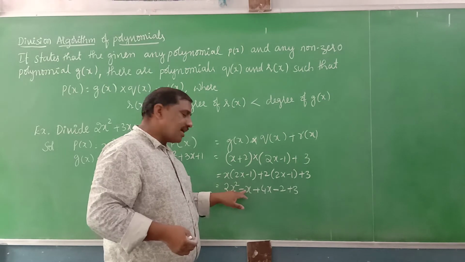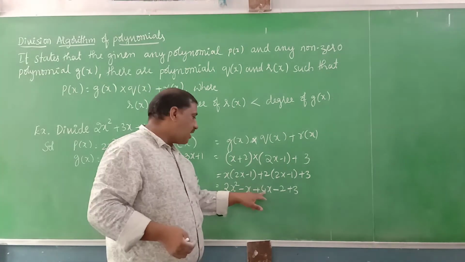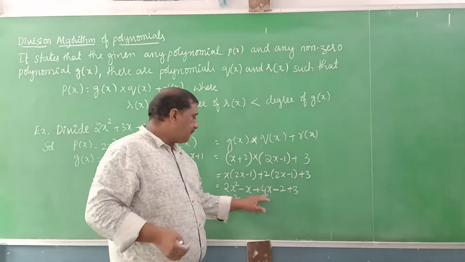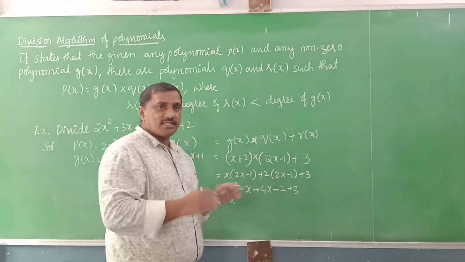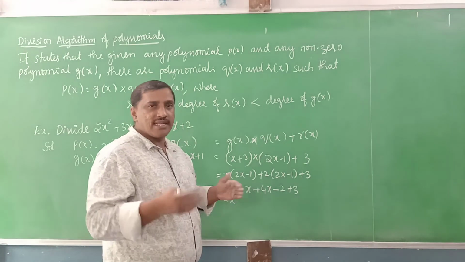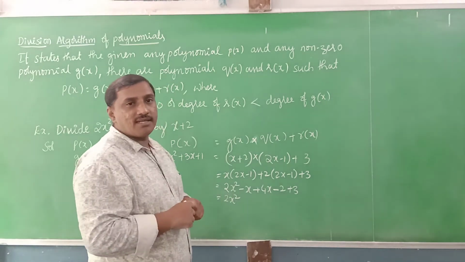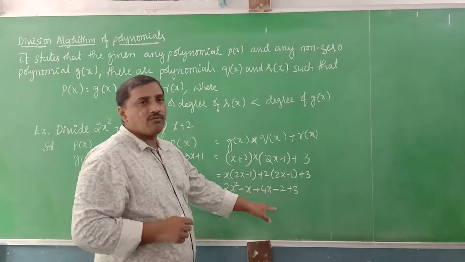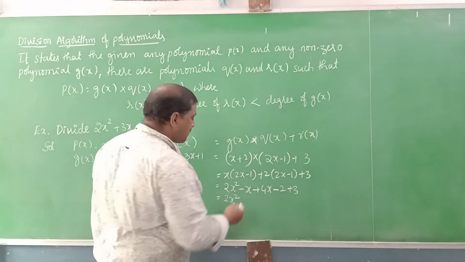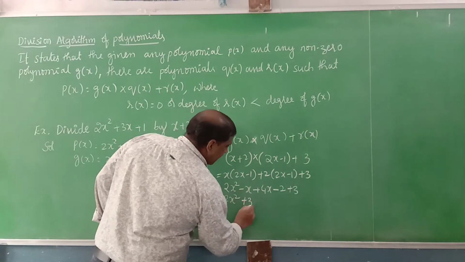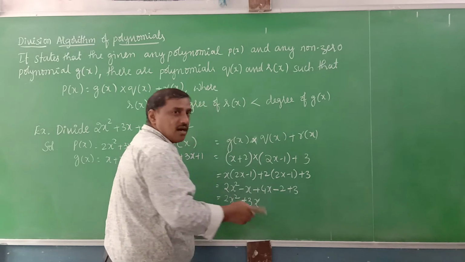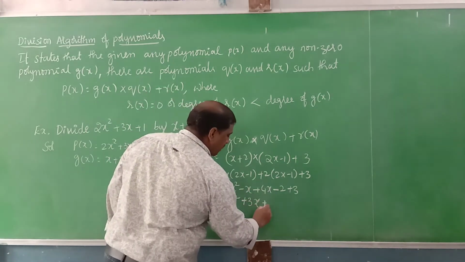Minus x has coefficient minus 1, and here the x coefficient is plus 4. Subtract 1 from 4, we get 3. Then take the larger number's sign. Simply 4x minus x is equal to 3x, plus 3 minus 2 is equal to plus 1.